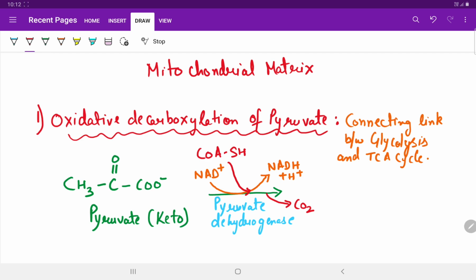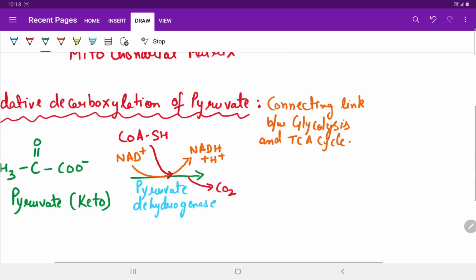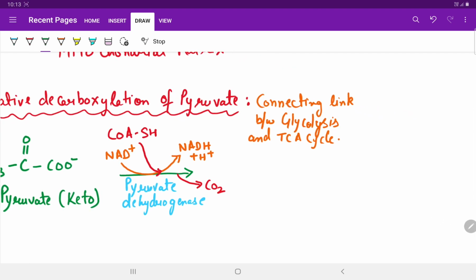So coenzyme ASH molecule is added into this, and ultimately it leads to the formation of acetyl coenzyme A. So here we are drawing the structure for acetyl coenzyme A. You can see the changes here. Now this is the structure for acetyl coenzyme A. Now many of you will be wondering what is this coenzyme A here.